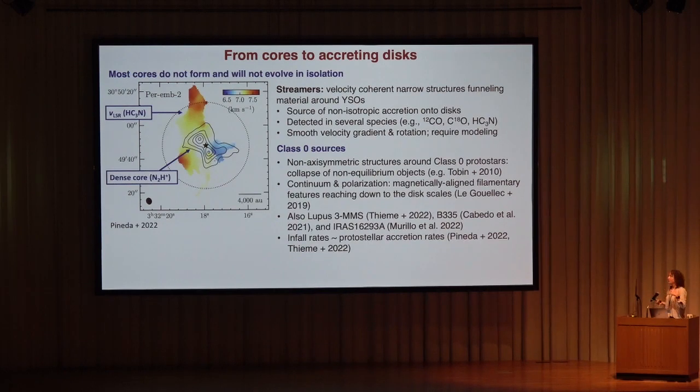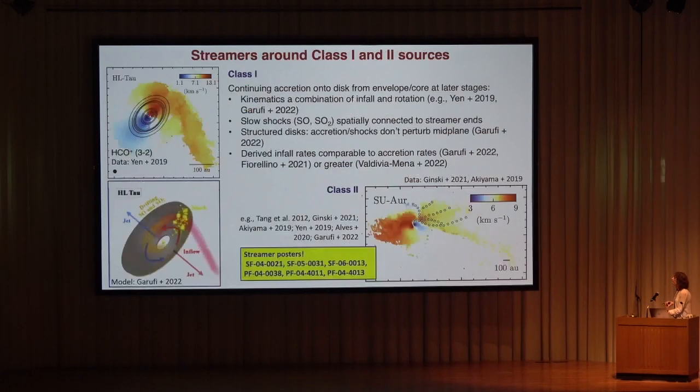In the sources that we've detected, we have smooth velocity gradients and rotation, and they've been detected in a few different sources. And the infall rates of these streamers can be similar to the protostellar accretion rates. So it's a way of continually increasing the mass available to accrete onto the protostar.